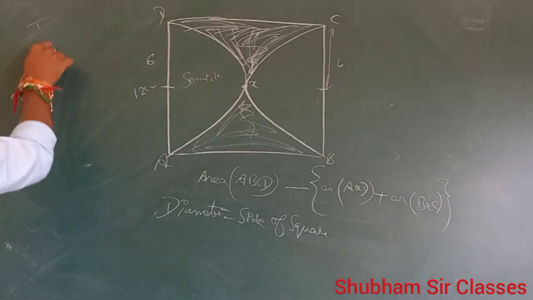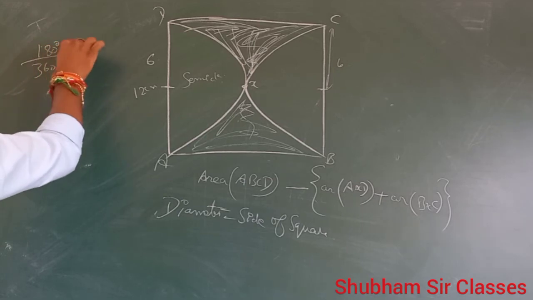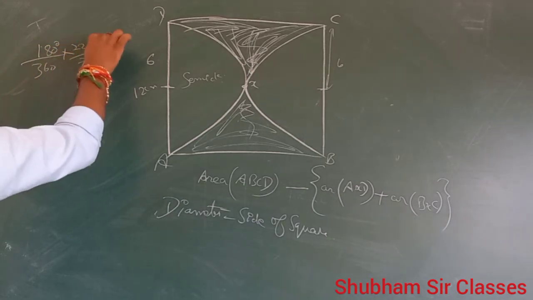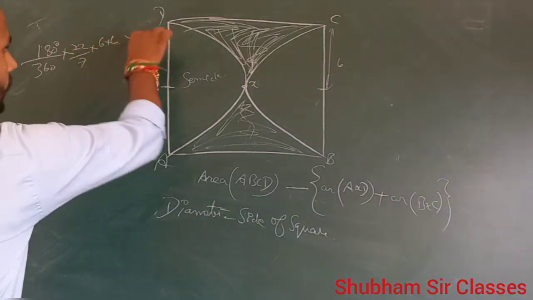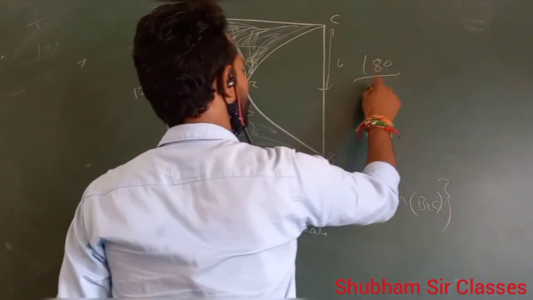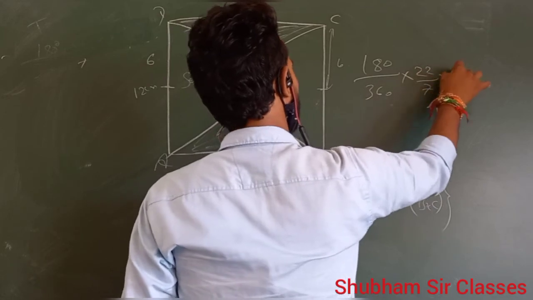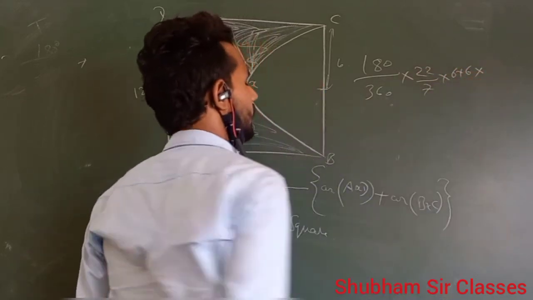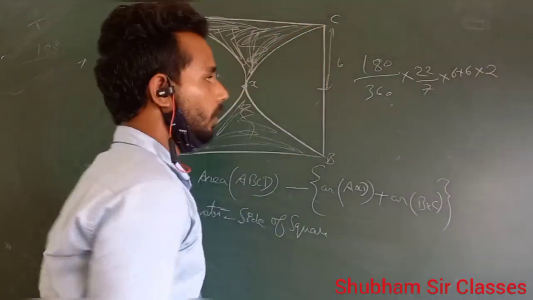Look, semicircle means 180 degree out of 360 degree into pi r square. There are two semicircles, so just multiply it by 2. Suppose 180 upon 360 into 22 upon 7, that is pi, then r square is 6 into 6. Now we know that there are two semicircles, so we multiply it by 2.